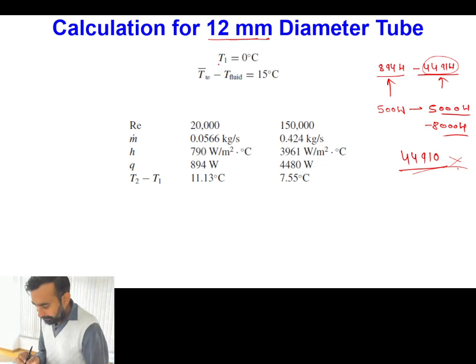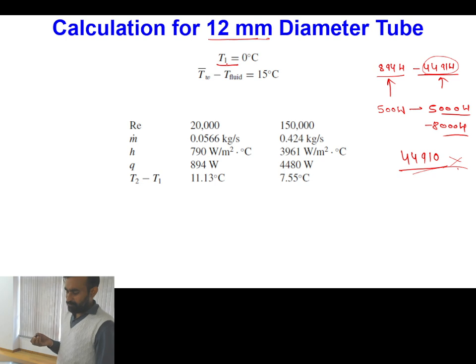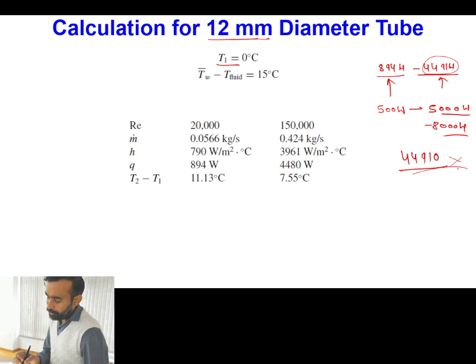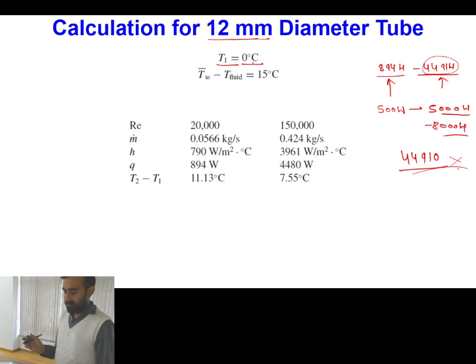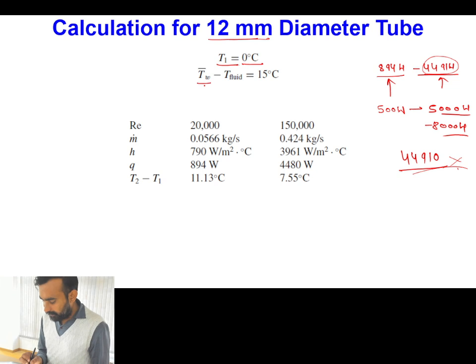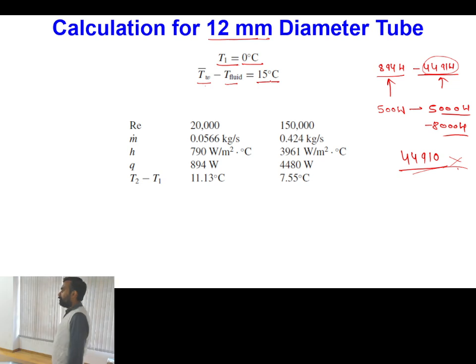And for inlet temperature, we will restrict our fluid to enter the tube at 0 degree Celsius. And the average wall temperature minus fluid temperature is equal to 15 degrees Celsius. So these are the conditions which we want to maintain.